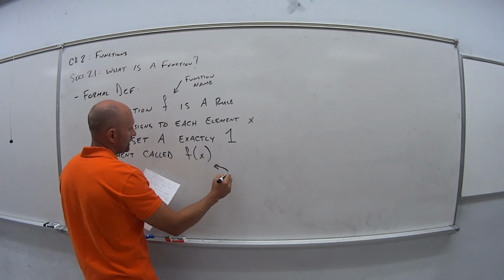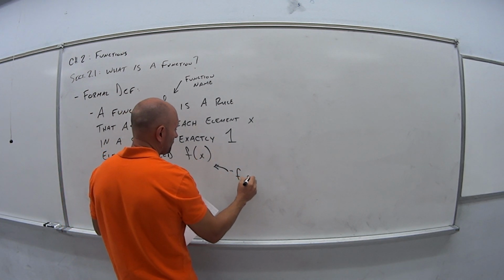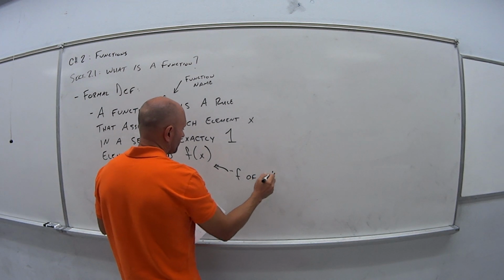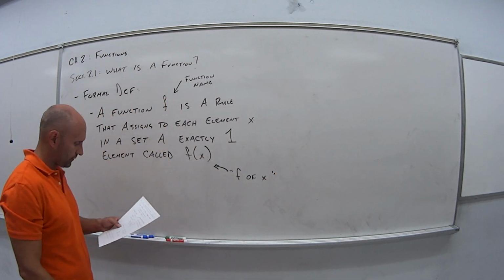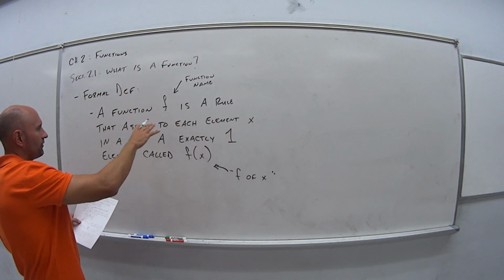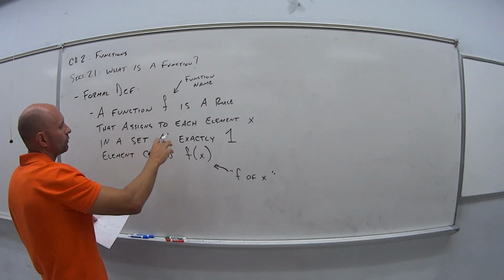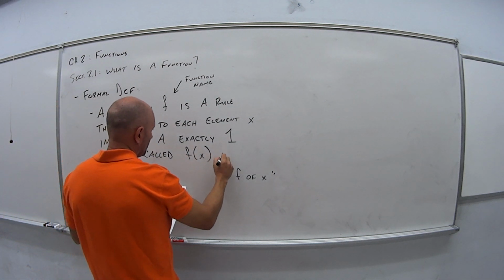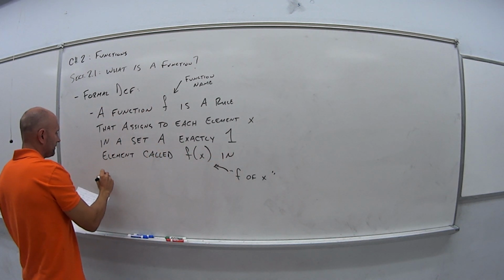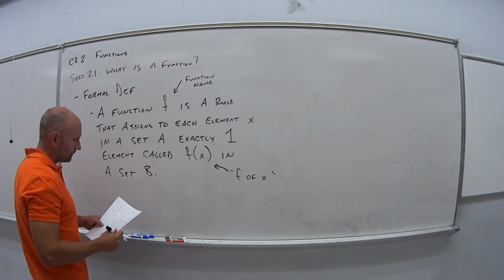So this notation here, when we see that, what we say is f of x. So the function of x. So we have this one element in our set A. We take that value x, we apply this function, and this generates a value in set B.